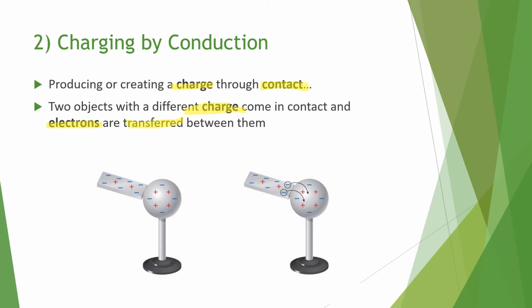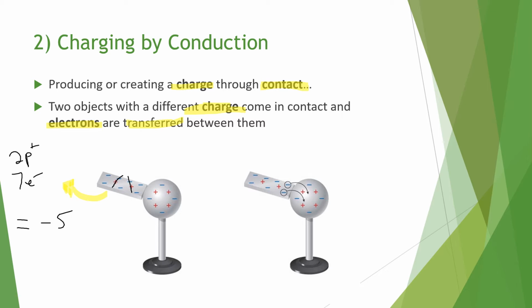So if we look at this diagram down here, we have these two objects, this metal rod here. We have seven electrons and 2 protons. So if we do our canceling out, that leaves 5 electrons. So we have a -5 charge, and then this metal block or rod, we'll say, is now touching this metal ball.